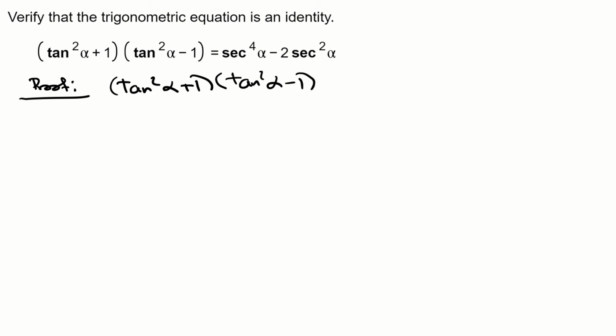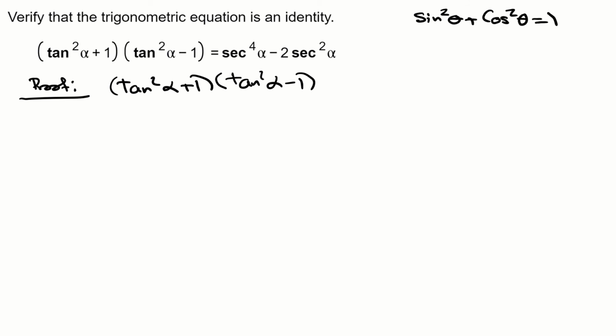Now whenever we see tangent squared and 1 in the same place, that should of course trigger one of the main three trigonometric identities which we refer to as the Pythagorean identities. So let's recall those, starting with sine squared theta plus cosine squared theta equals 1.